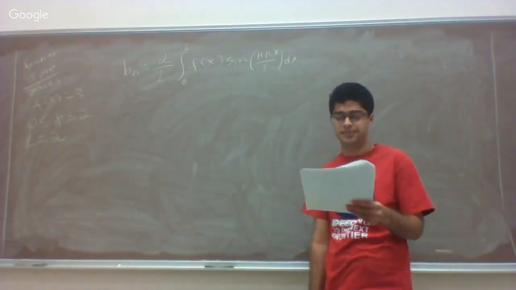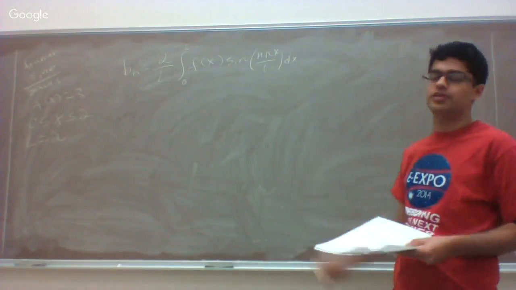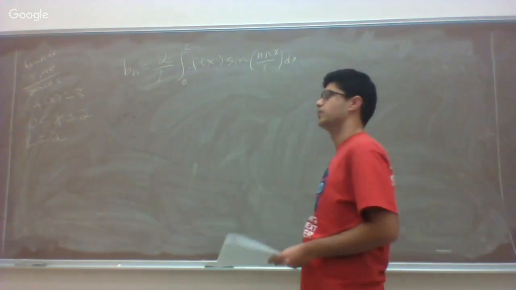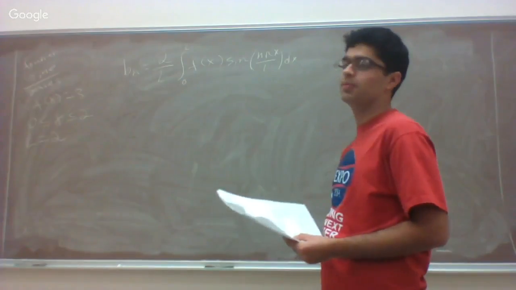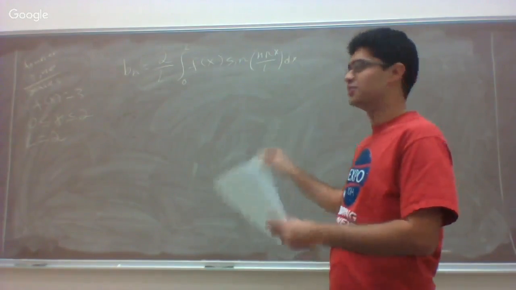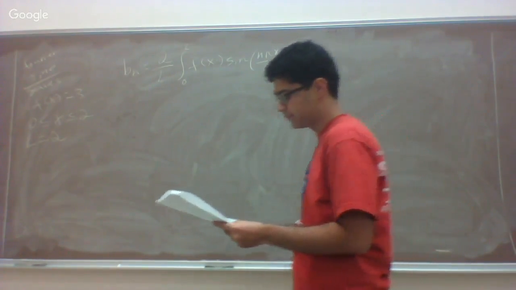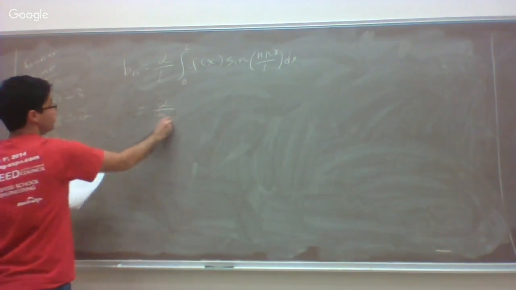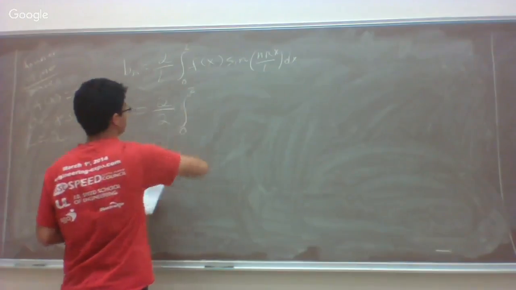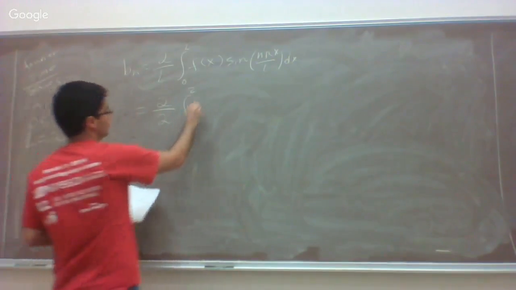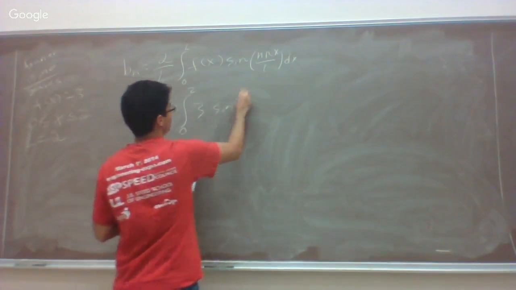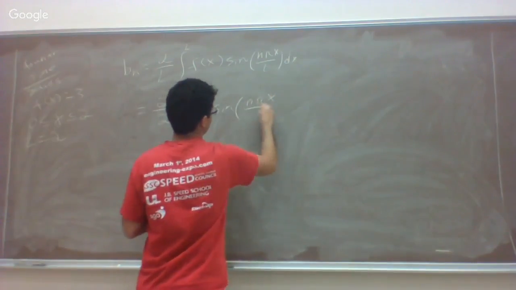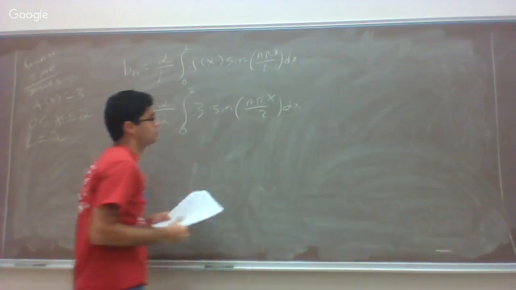I actually use this stuff on co-op, so yeah, I actually did use this. So this is equal to 2 over 2, integral from 0 to 2, where my f of x is equal to 3, times sine of n pi x over 2 dx.